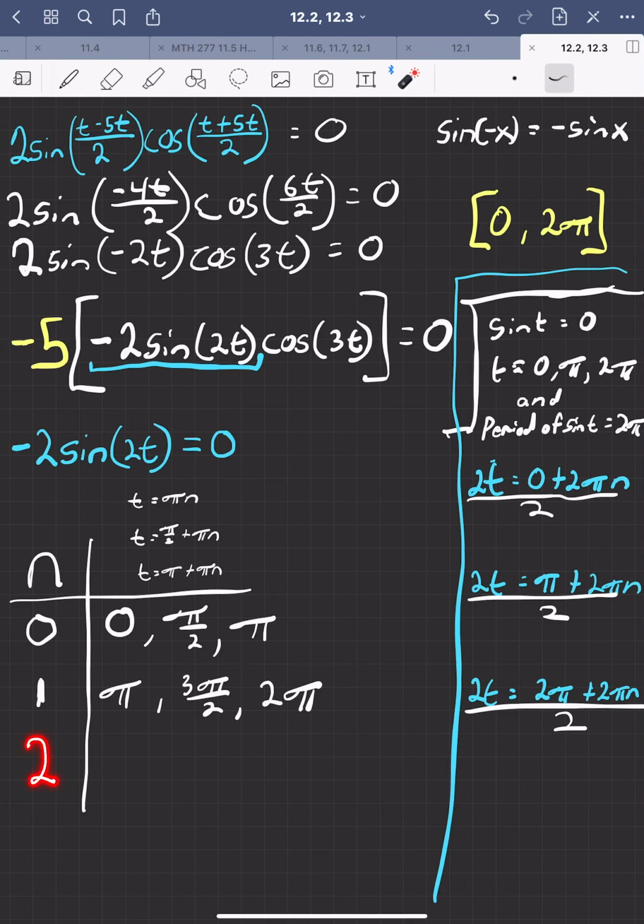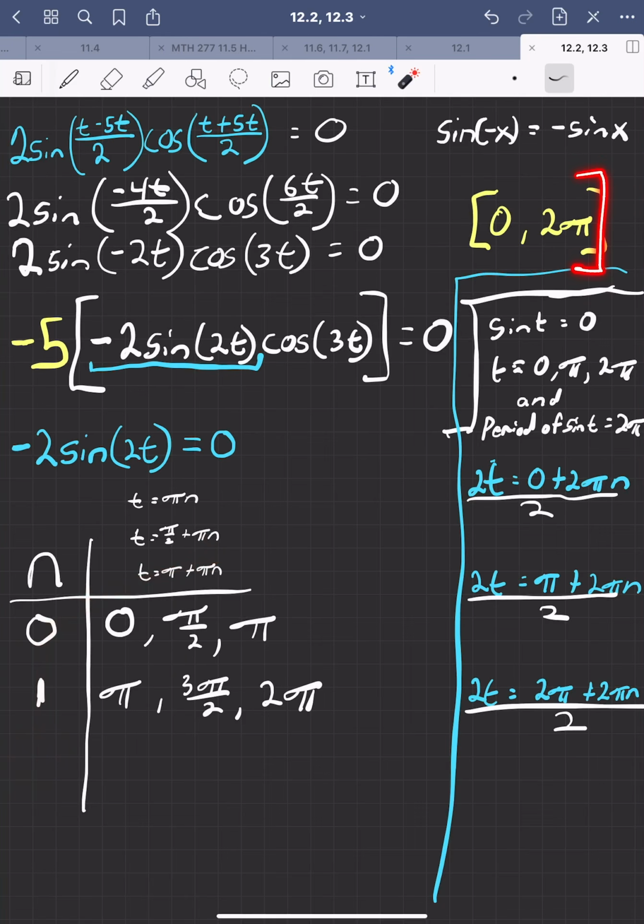Now, I would choose n is equal to 2 next. If you plugged 2 in here, you would get 2 pi. But do you see how as soon as I plug 2 in for this function, I get 2 pi plus pi over 2, which is larger.